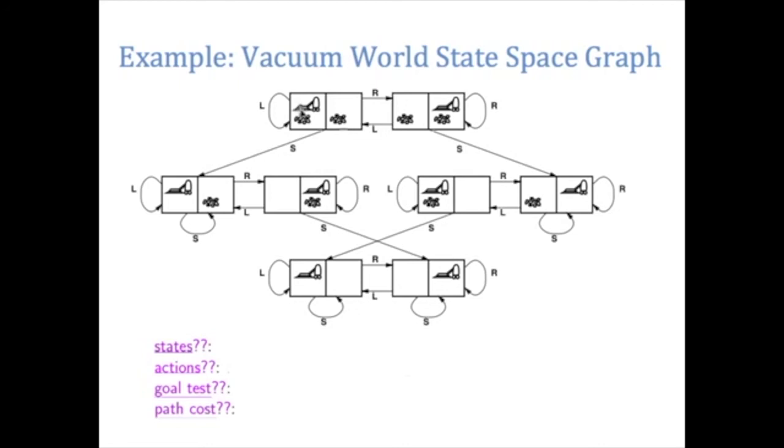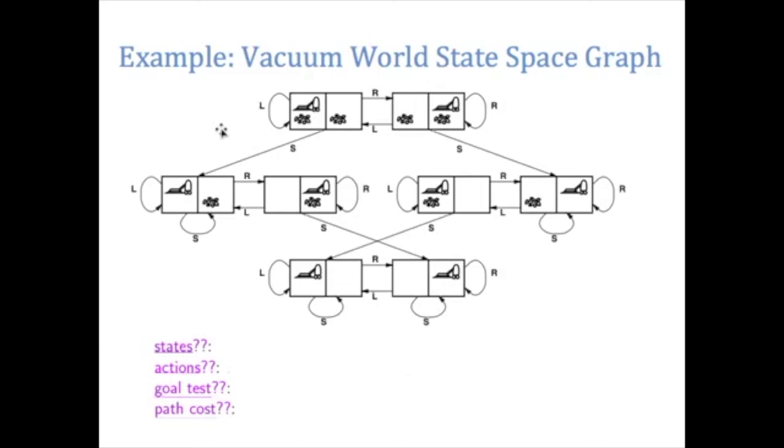So remember that we had a total of 2, 4, 6, 8 states in our previous formulation, and all we're doing here is showing those same states, but with arrows that show the transitions between the states. And this, as an entirety, is called the state space graph.